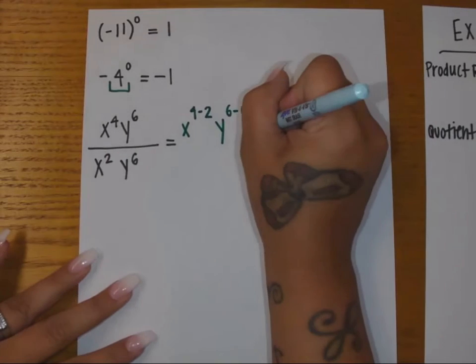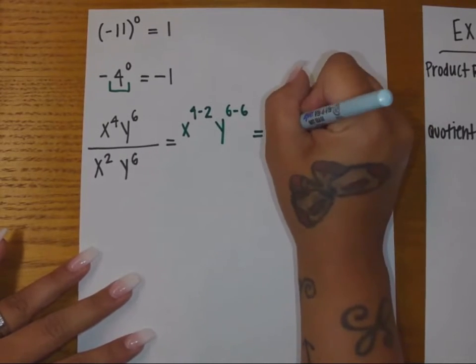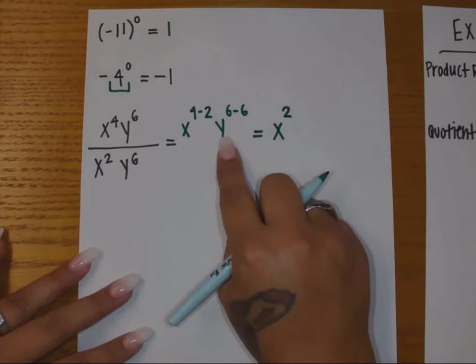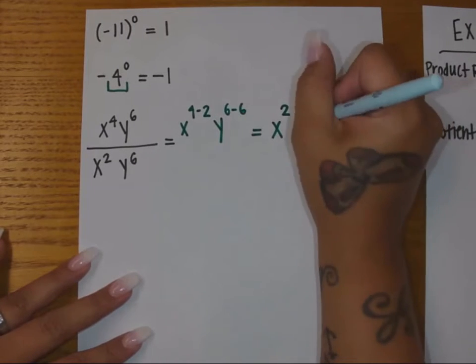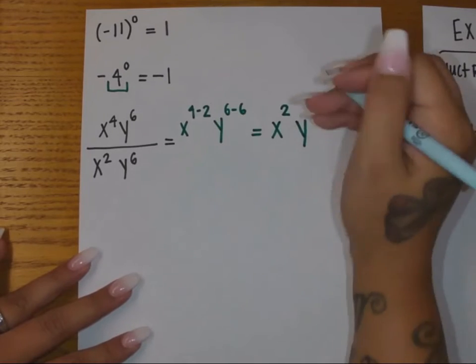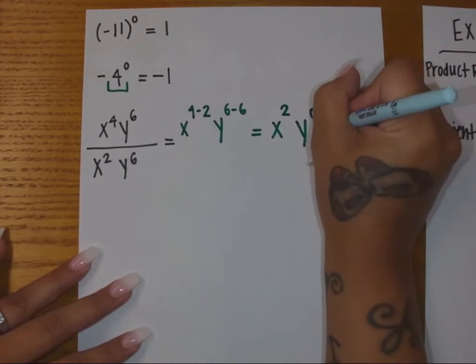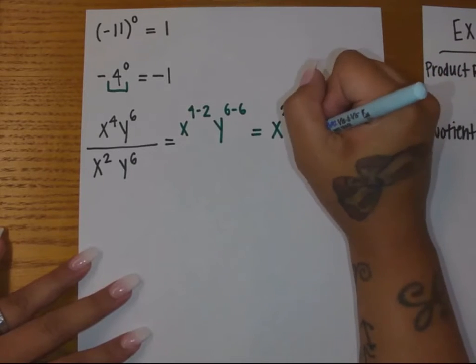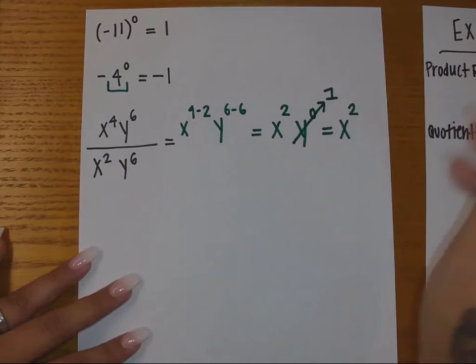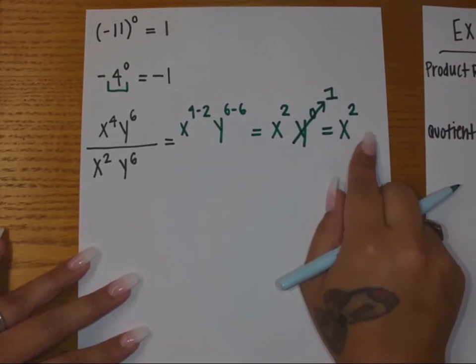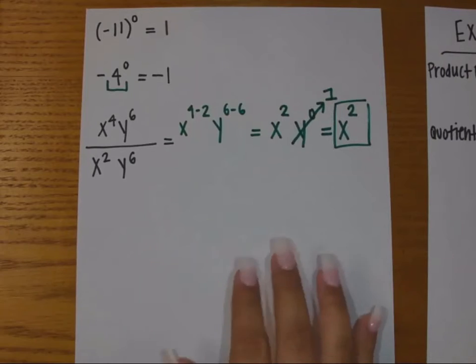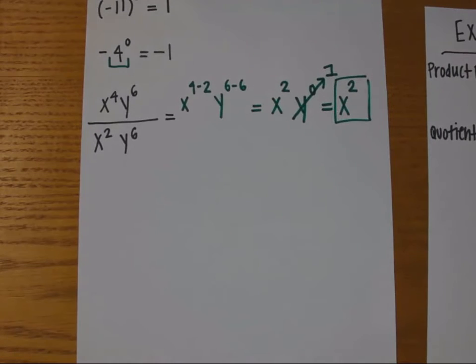Well, x to the 4 minus 2 is just x squared, and then y 6 minus 6 is 0. Using that 0 rule, though, we know we have x squared because this goes to 1. So we actually have x squared times 1, which is just x squared. Okay. To the next example.